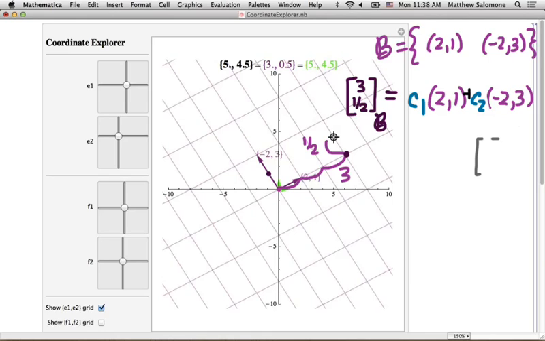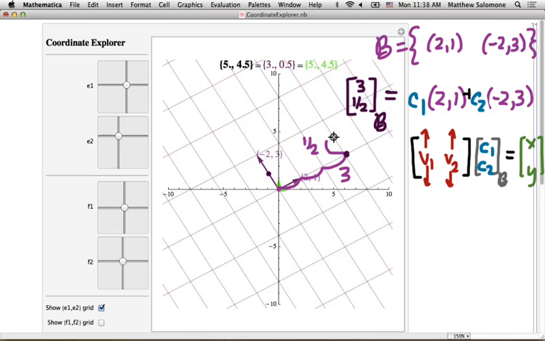So if my b coordinates are right here, and I happen to know what the standard coordinates I'm looking for are, x, y, then the matrix, which turns b coordinates into standard coordinates, is the matrix whose columns are exactly the vectors in my basis, v1, v2, times whatever my coordinate vector with respect to the basis is going to give me the standard basis vector.